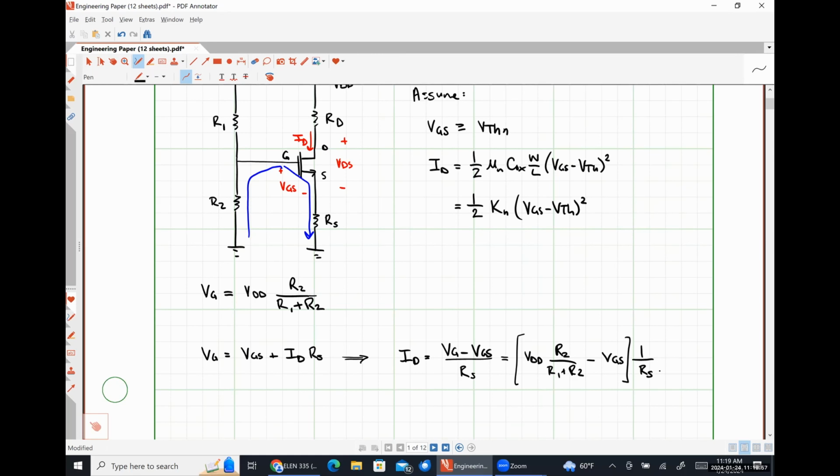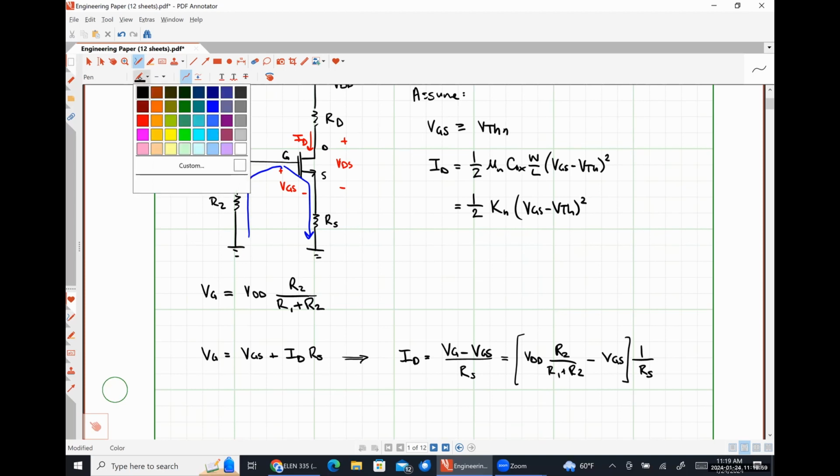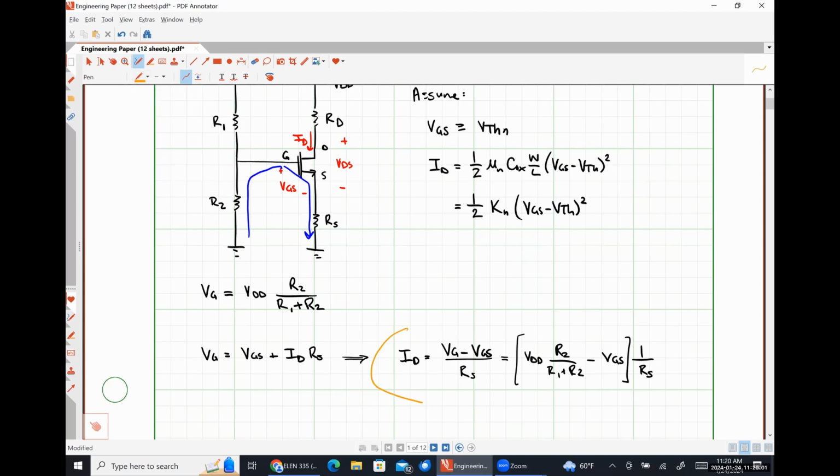So we now have this relationship for ID and this relationship for ID, and they literally have to be equal to each other. Right?